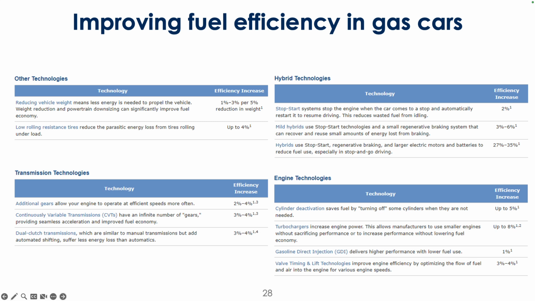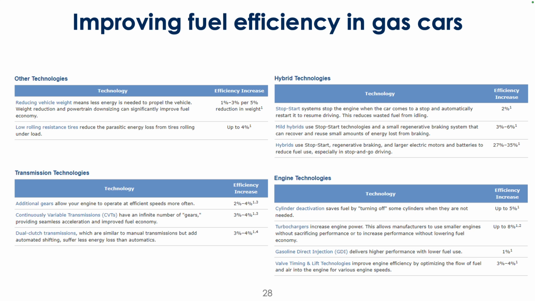Okay, and so there are a number of these off-cycle things that you could do to improve fuel efficiency. This is a small select list of some of the off-cycle efficiency measures that can be taken in gas cars and the relative efficiency improvements that you might get. Something like reducing the vehicle weight, or low rolling resistance tires. Low rolling resistance tires are actually one of the most cost-effective ones when automakers look to improve fuel efficiency. This is one of the lowest hanging fruit.